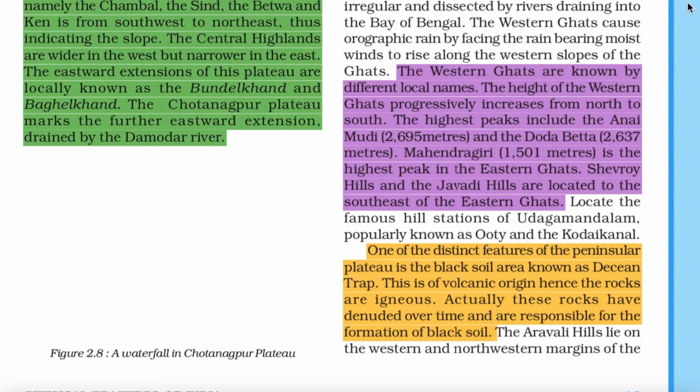The highest peaks include the Anaimudi, 2695 meters, and the Doda Betta, 2637 meters. Mahendragiri, 1501 meters, is the highest peak in the Eastern Ghats. Shevaroy Hills and the Javadi Hills are located to the southeast of the Eastern Ghats.